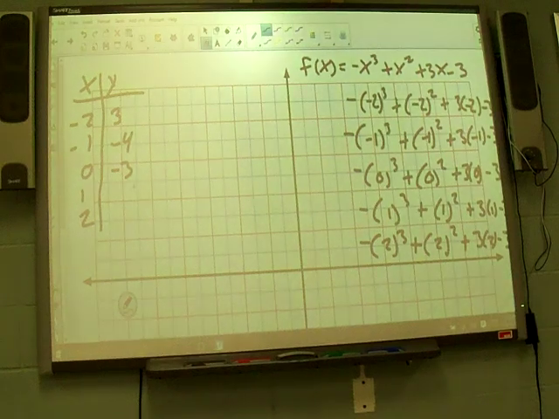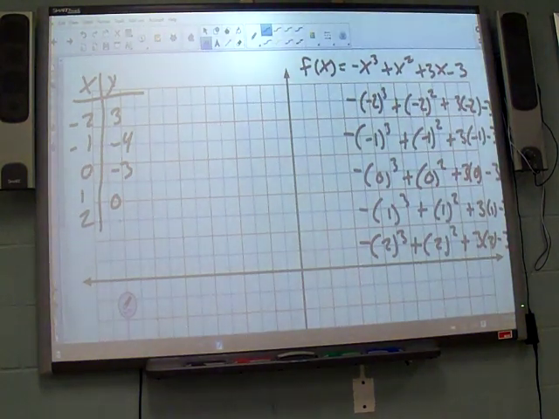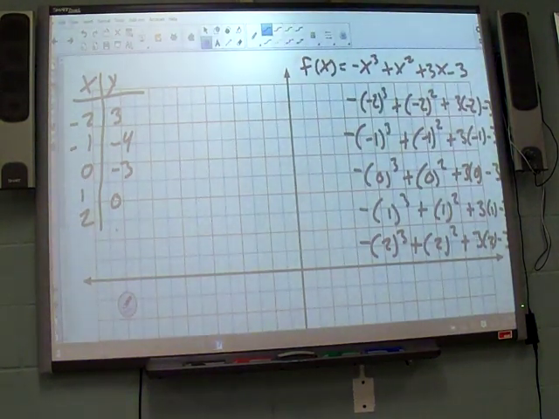Also got 0. 1 is 0. Good. And anybody got the last one yet? Why are you square rooting anything? I got -1. -1 is correct.